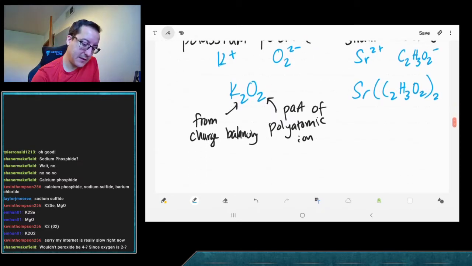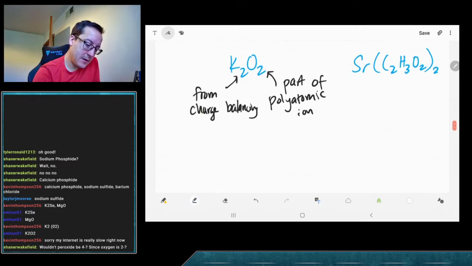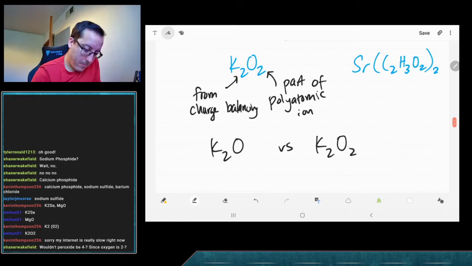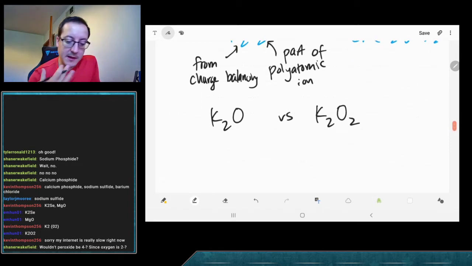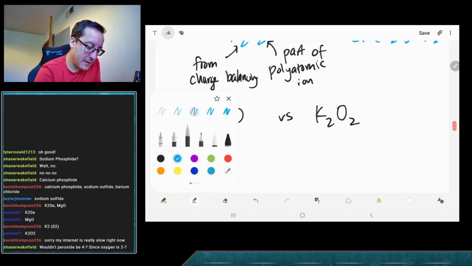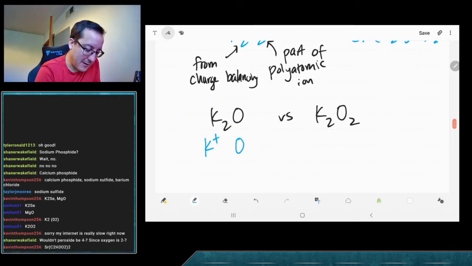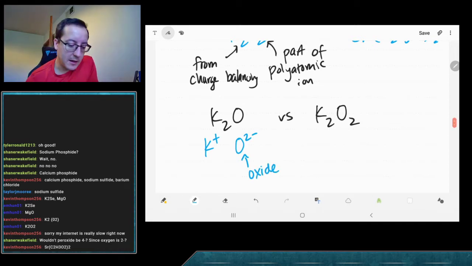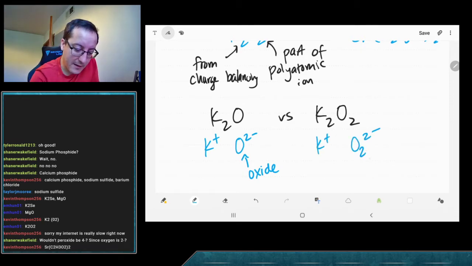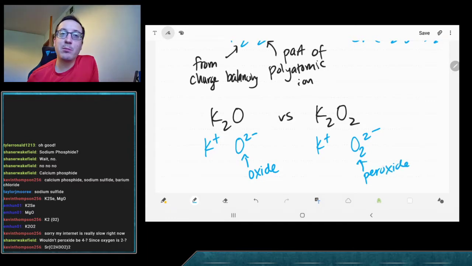Okay, and just to illustrate, Shane, comparing these 2 ones, this one comes from K+ and O, then this guy here is oxide. That's our normal, just -2 one, right? This one comes from peroxide. So that is a different ion than plain old oxide.